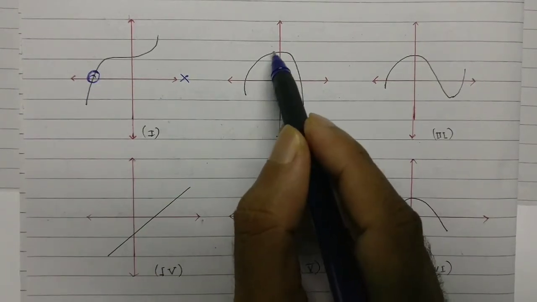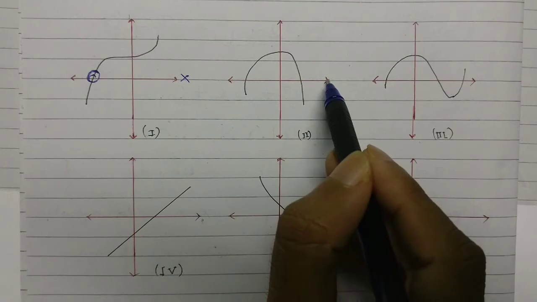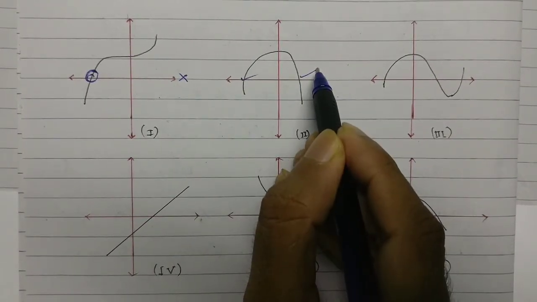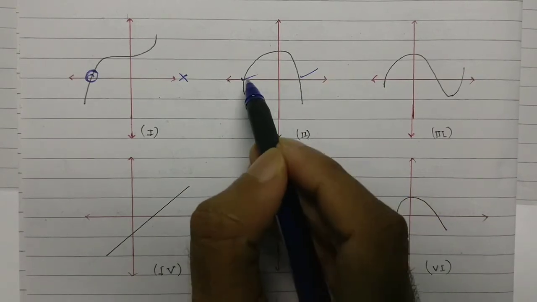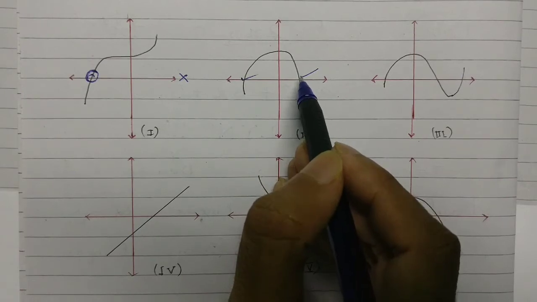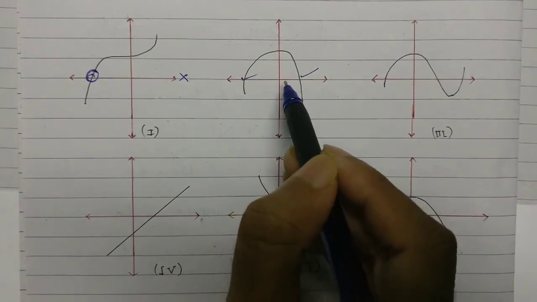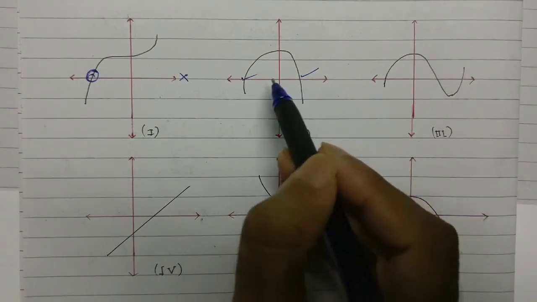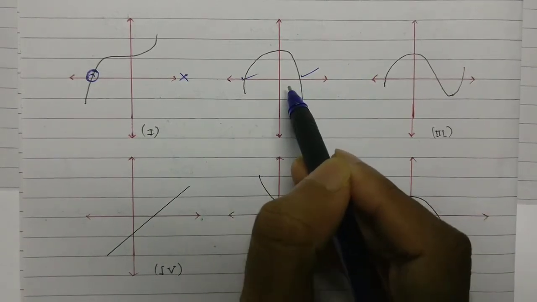Similarly, this polynomial cuts the x-axis in two places, one over here and one over here, which means I have 2 zeros. So if it is a polynomial with 2 zeros, then what would be the degree of the polynomial? Degree of the polynomial will be 2.